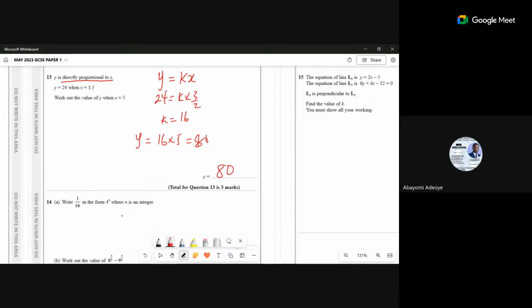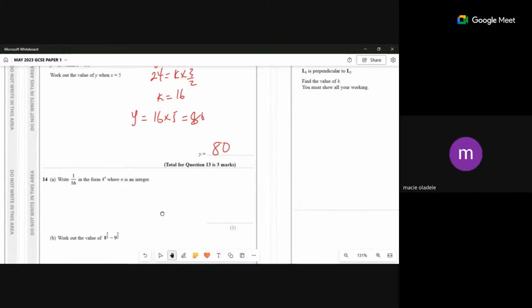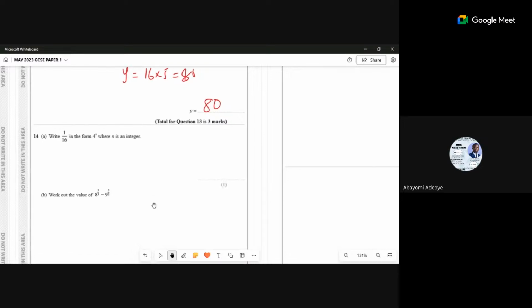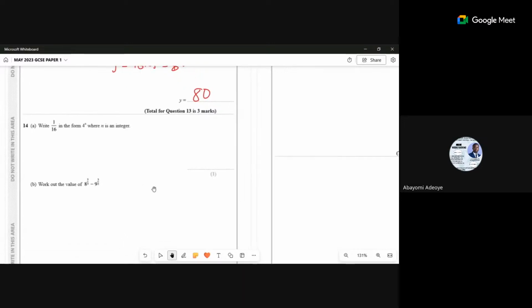Next question. Number 14. I solved that. Very simple. Is it just -4? Is it -4? No. It's 16.